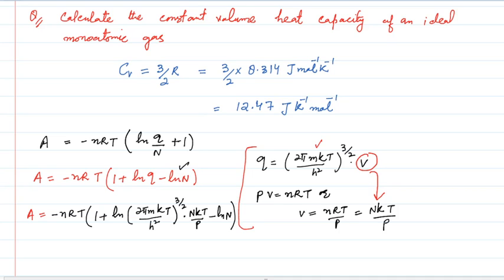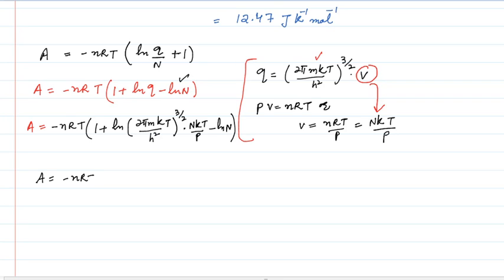Now we will simplify or expand this a little more. So A will be equal to minus nRT, 1 plus. So you know now how to expand this.